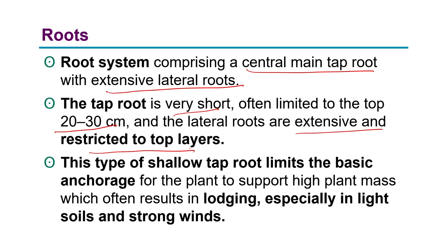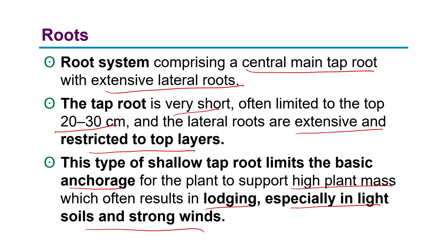This type of shallow taproot limits the basic anchorage, means support for the plant to support high plant mass, which often results in lodging, especially in light soils and strong winds. When most of the roots are confined to the upper surface of the soil, the plants will tend to lodge.